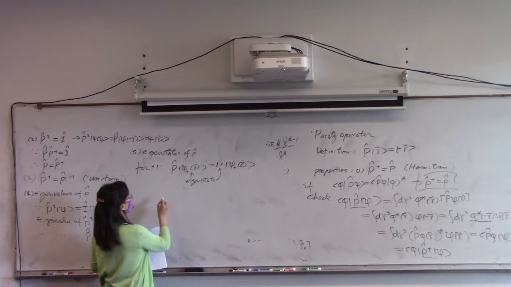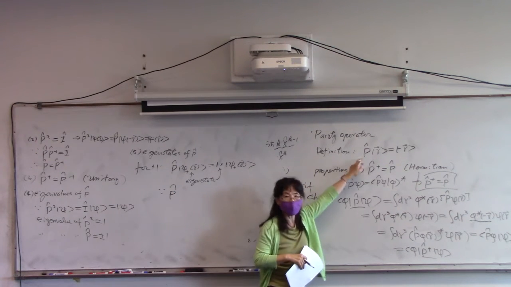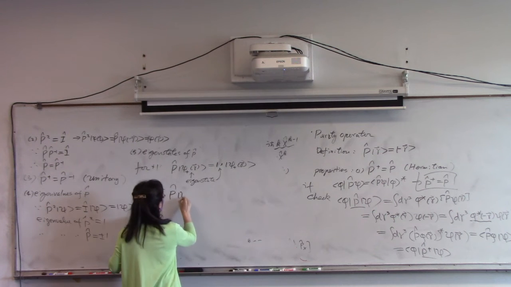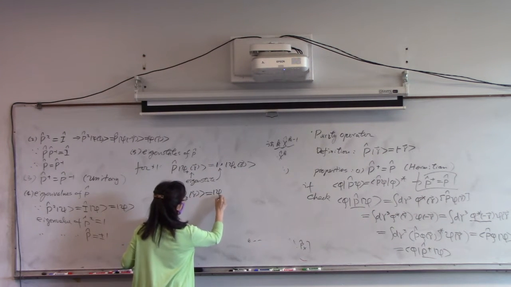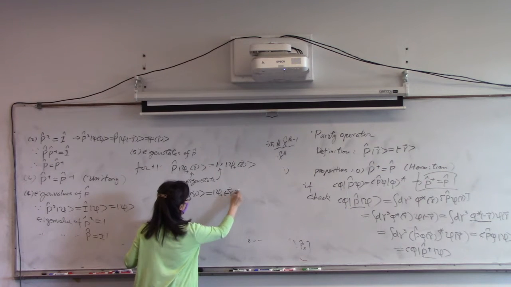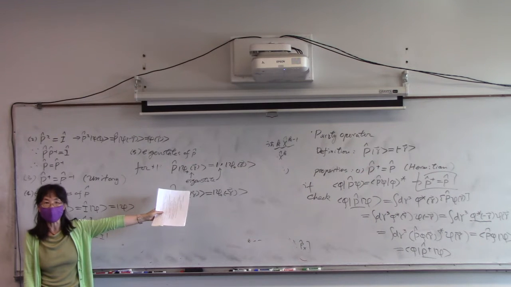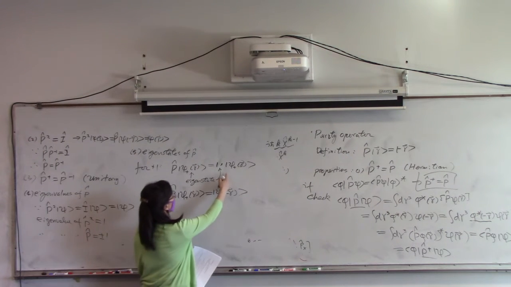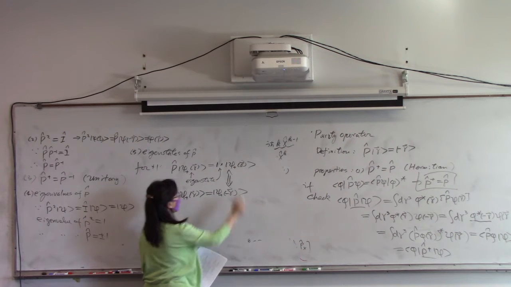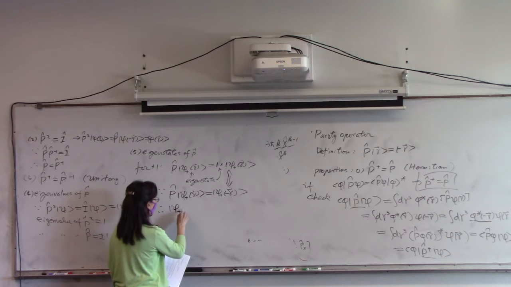Now, because the parity operator is defined by making r go to minus r, the eigenstate also does the same thing. So you compare here, and immediately get this conclusion.